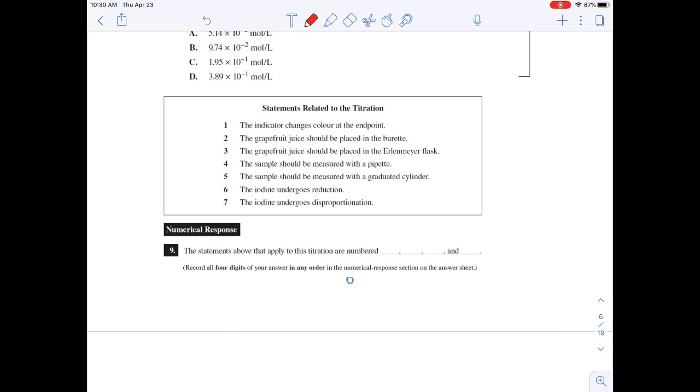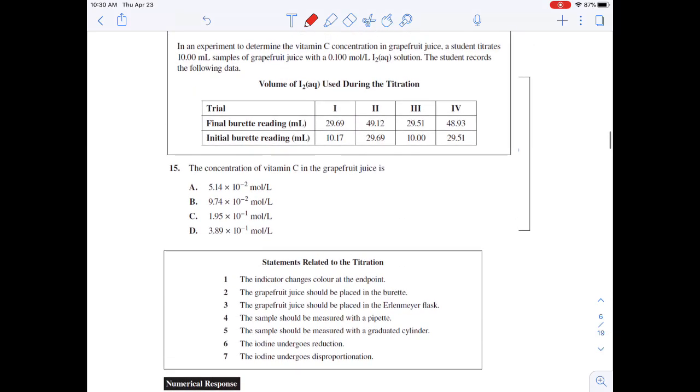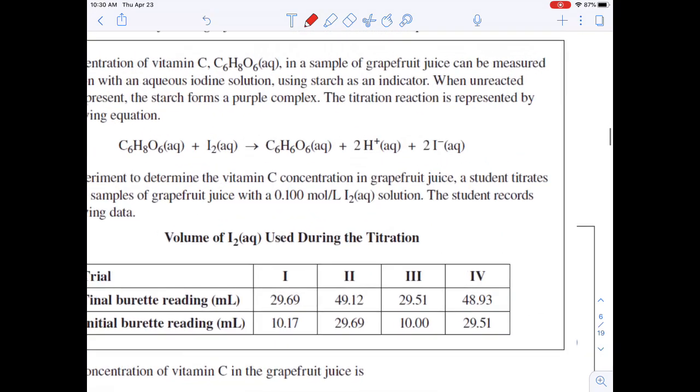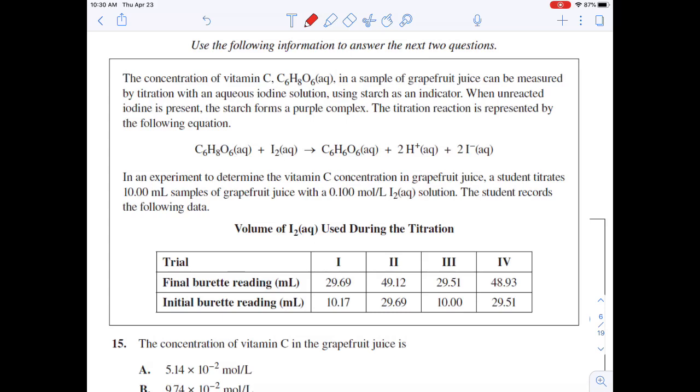This question says the statements that apply to this titration. So it's referring to this titration here, and we need to read through what's going on. Essentially, they've got iodine. The concentration of vitamin C in a sample of grapefruit juice can be measured by titration with an aqueous iodine solution using starch as an indicator.